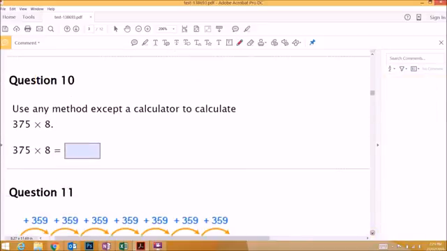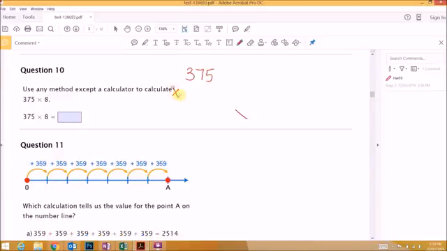Question 10. Once again, use any method except a calculator to calculate. So I'm going to use the algorithm, which we're all hopefully very familiar with. 8 times 5 is 40. 8 times 7 is 56.